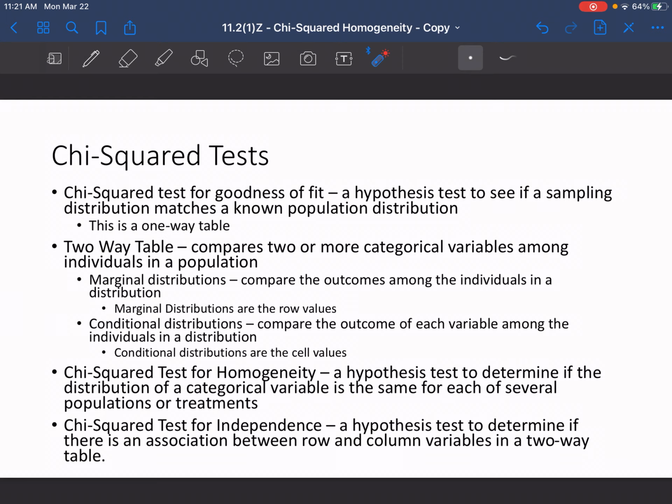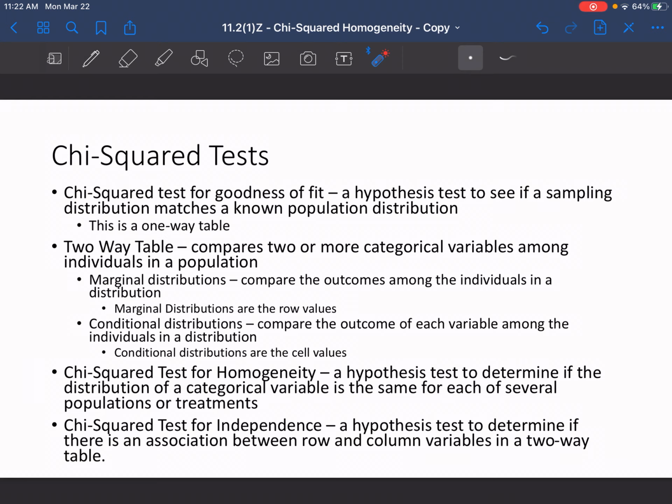Our conditional distributions is our second term we need to understand, and that's just comparing the outcome of each variable among the individuals in a distribution. This is going to be concerned more with individual cell values as opposed to actual total values, basically. So those are two terms we need to understand when solving some of these problems for chi-squared tests.